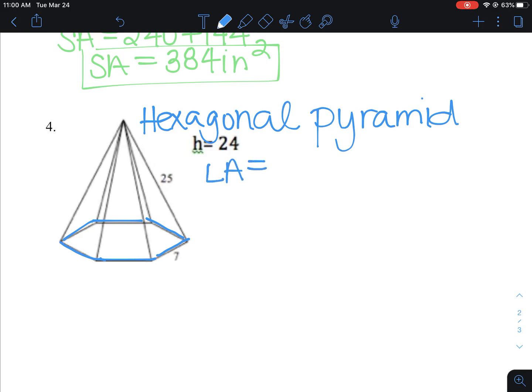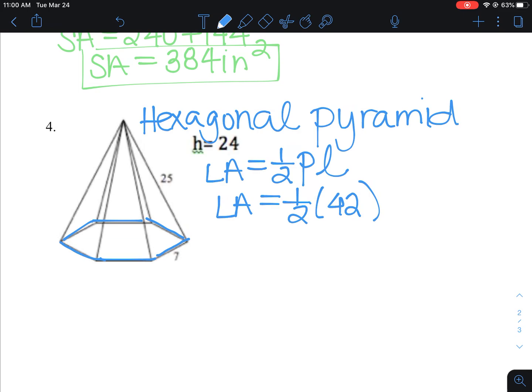Okay, so lateral area is 1/2 the perimeter of the base times the slant height. The perimeter of this base, we have to assume this is a regular hexagon, which means if that one little side is 7, all 6 of the sides would be 7. So the perimeter is 7 times 6, which is 42.